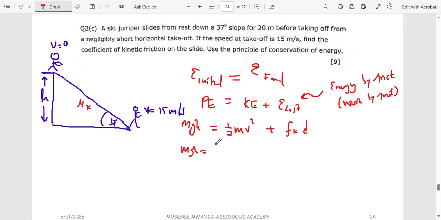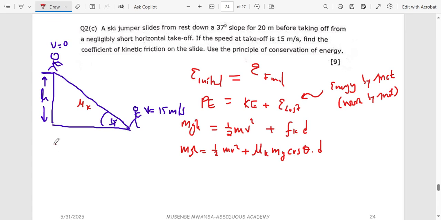So that will be mgh is equal to half mv squared plus kinetic friction, which is given by the coefficient of kinetic friction times the normal force. This is an incline, so the normal force is mg cos theta. And then we'll multiply that by distance.